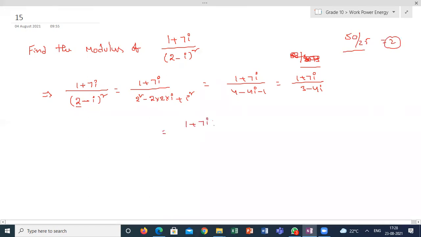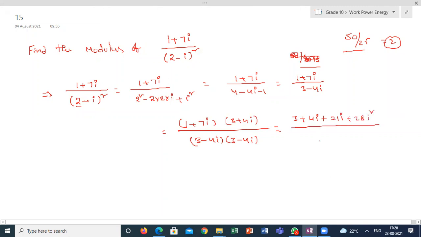1 plus 7i into 3 plus 4i divided by 3 minus 4i into 3 plus 4i. So this will give us 1 into 3 is 3, 1 into 4i is 4i, plus 7i into 3 is 21i, plus 7 into 4 is 28i square, divided by 3 square plus 4 square.